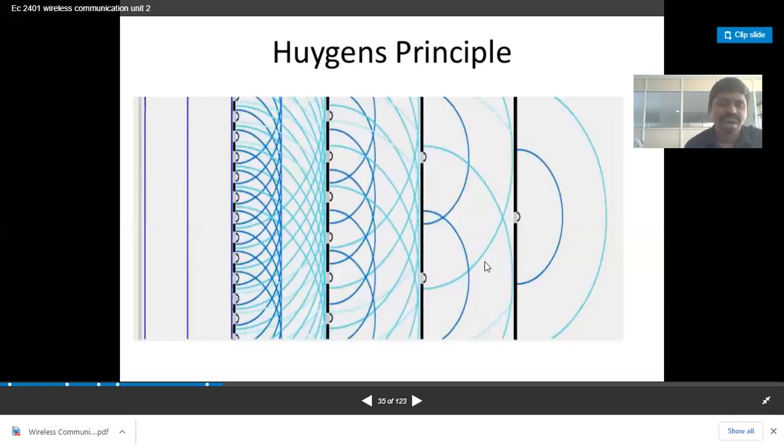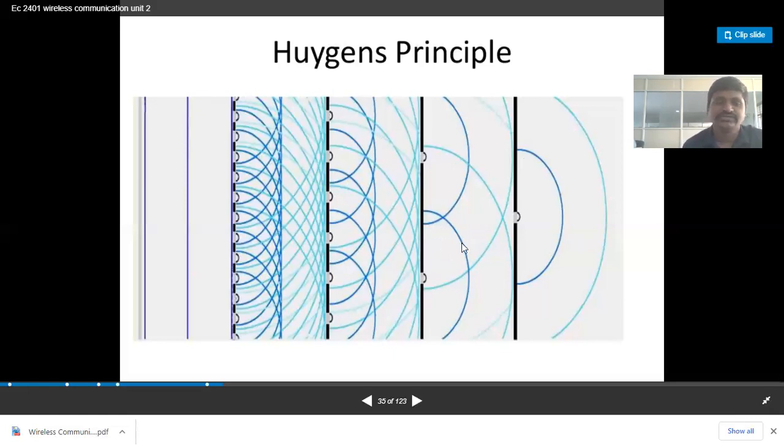This phenomenon, diffraction, is caused by the propagation of the secondary wavelets into the shadowed region. Here the shadowed region is nothing but the obstructed region.